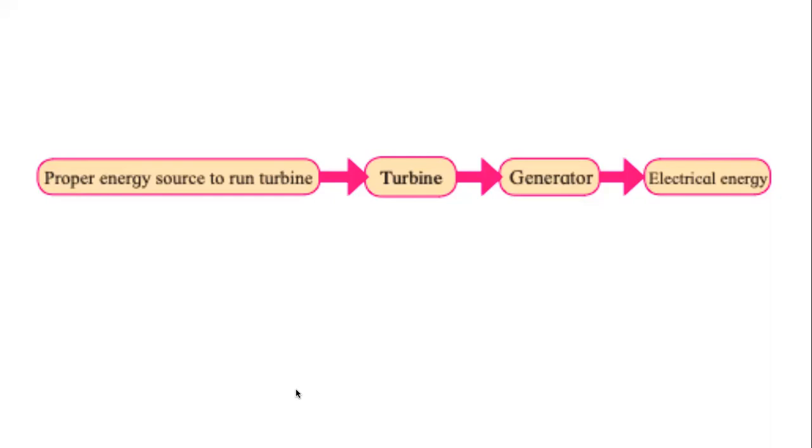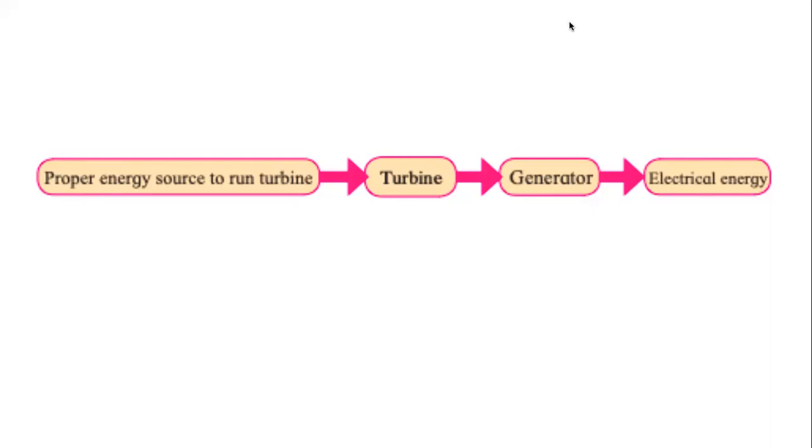And of course, using petrol and diesel is not a very clean option. First of all, it's not clean, and second, it will take a lot of money to move the turbine using those fuels. So there are other ways of doing the same thing.